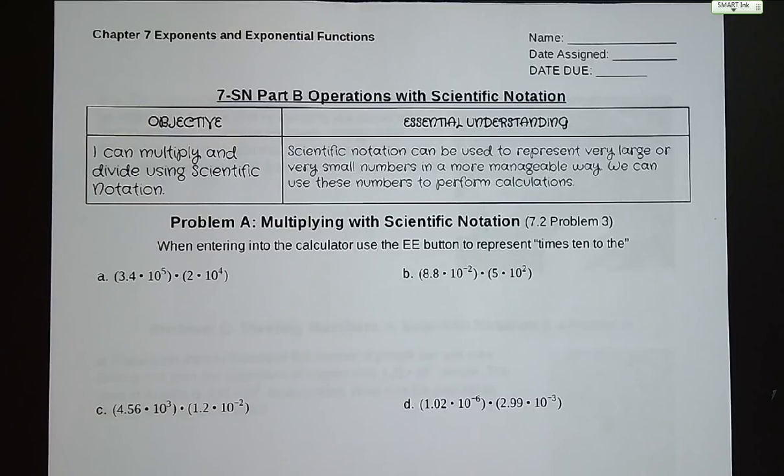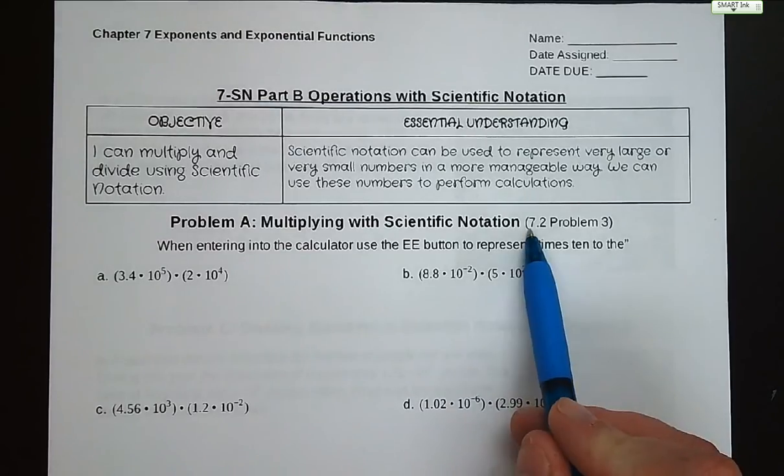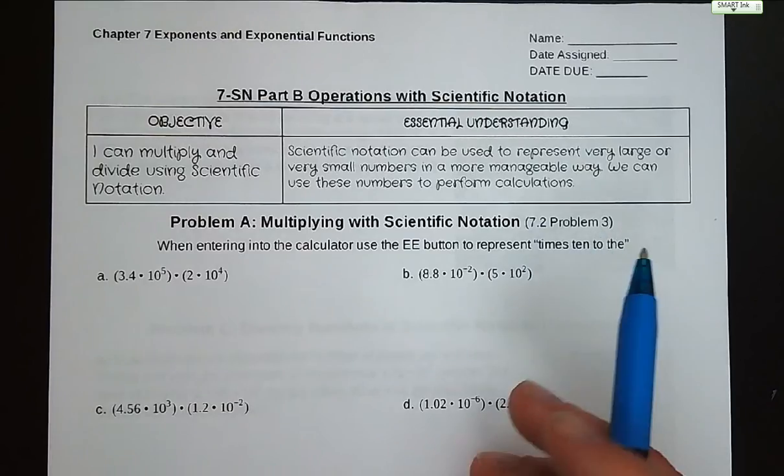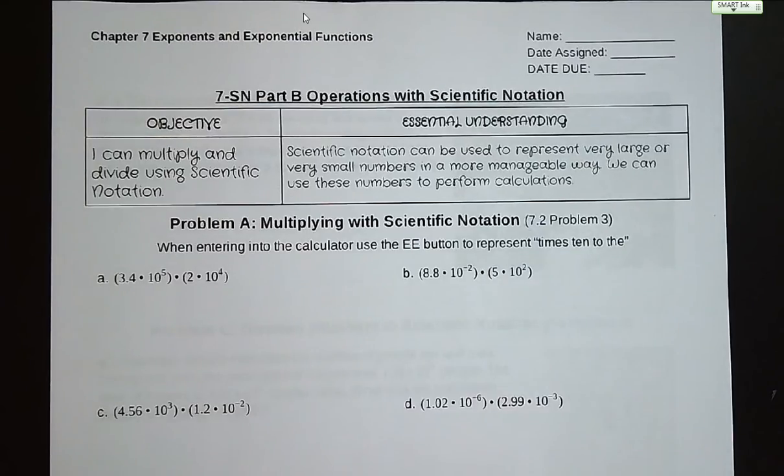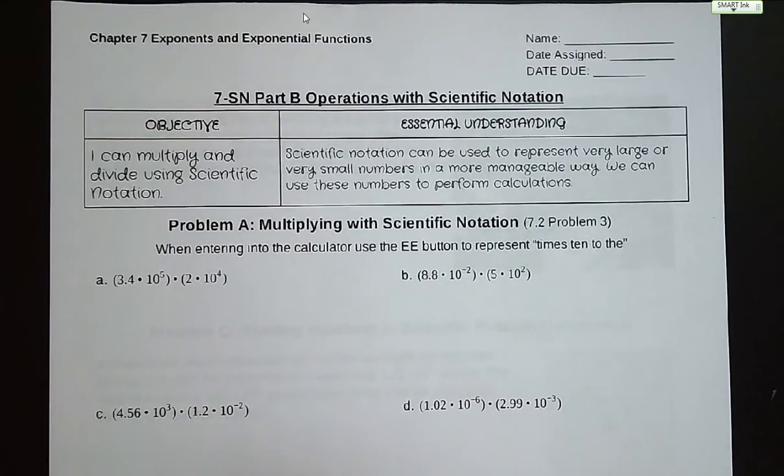So problem A, multiplying with scientific notation. This comes from the textbook, section 7.2, problem number 3. There are two ways that we can multiply numbers in scientific notation.